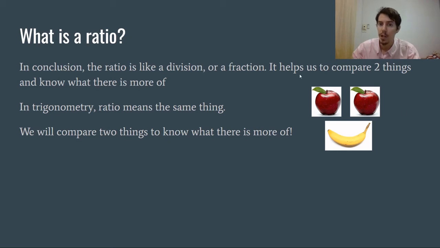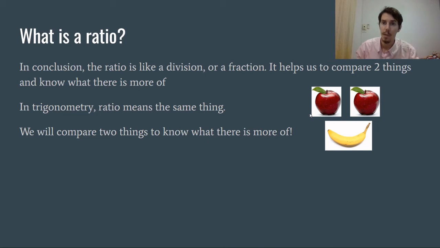Here we're comparing apples and bananas, so it's like comparing two fruits or two objects. If you say there is 5 meters and 1 apple, you cannot make a ratio. It doesn't make sense. And if you compare 5 seconds and 10 bananas, when we make a ratio, we have to compare the same kind of things.